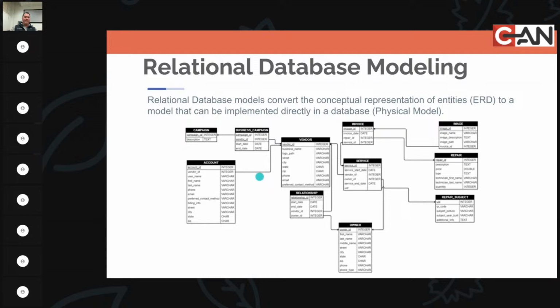The additional component we have, so we've got our entities, we've got our attributes, is we're specifying what that attribute type is, the column type, and then we're showing where data is flowing in here.